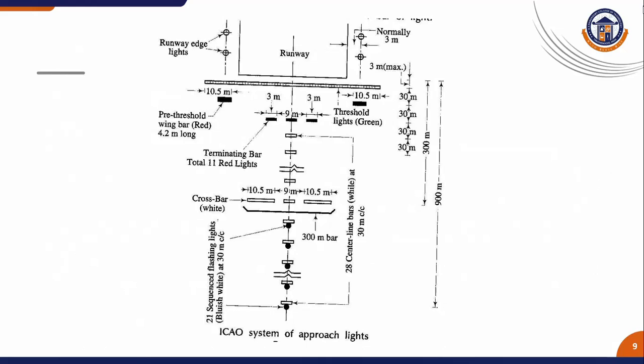The important components shown are the runway and runway edge lights, threshold lights, terminating bar and pre-threshold wing bar, red color and 4.2 meters long, and then 21 sequenced flashing lights, bluish white at 30 meters center to center, and 28 center line bars, white at 30 meters center to center.